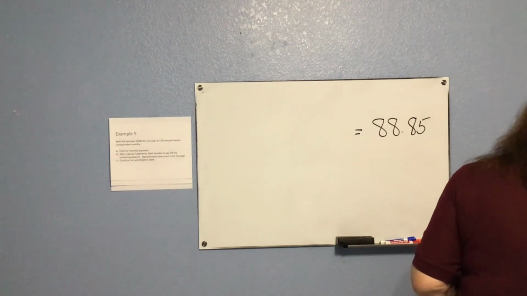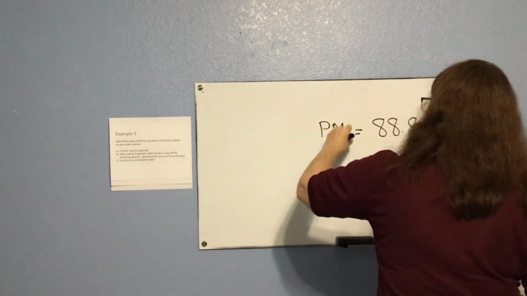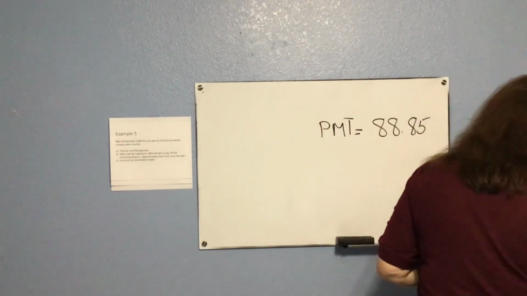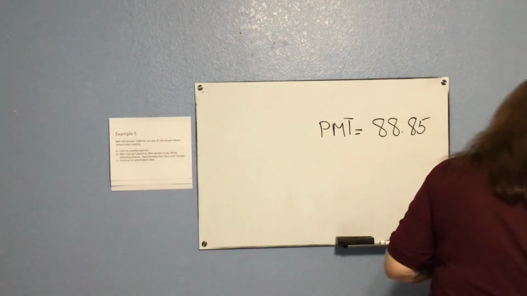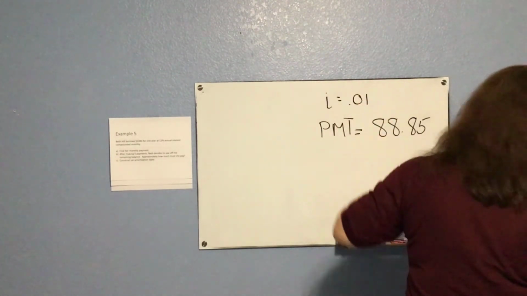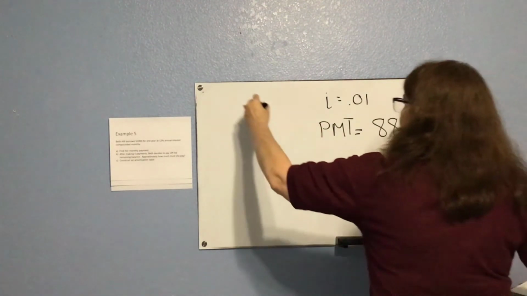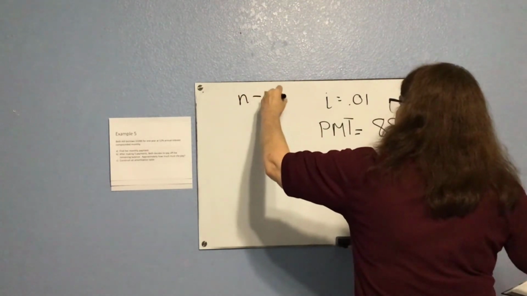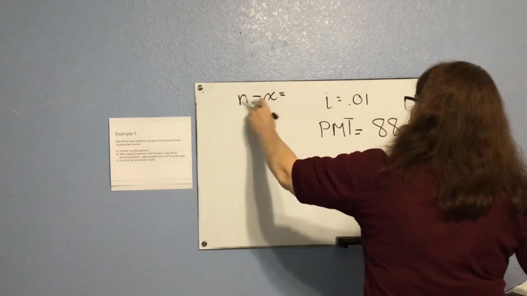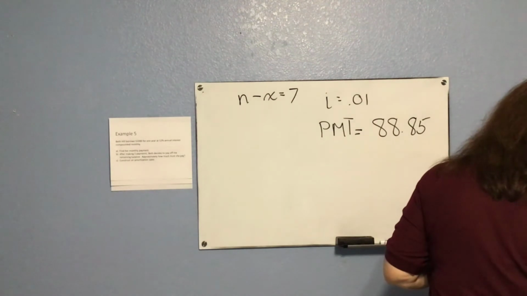So we're going to apply the remaining balance formula. Remember, PMT is the $88.85. I is 0.01. And N minus X would be 12 minus 5, so 7.